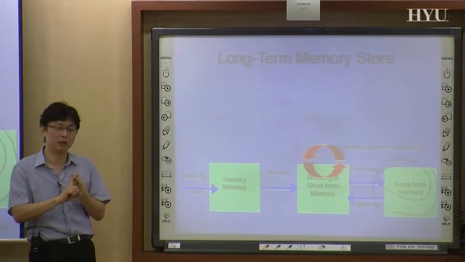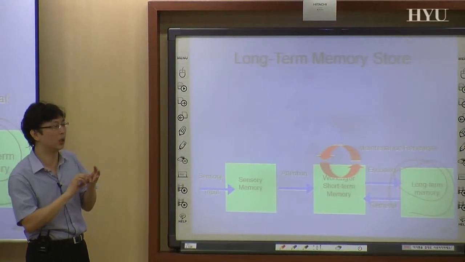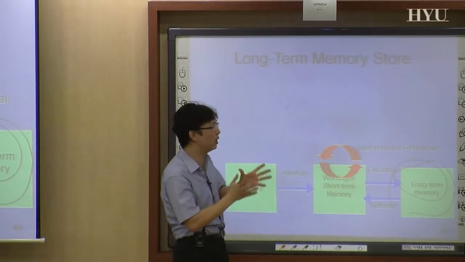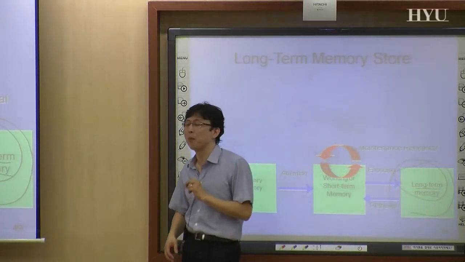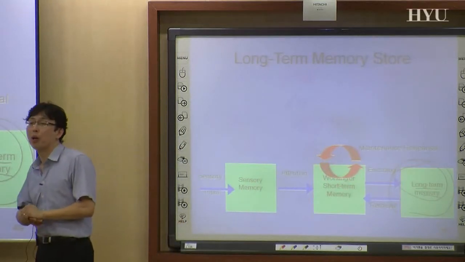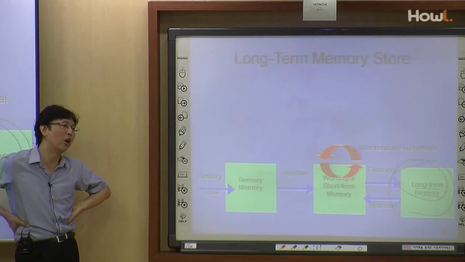Visual information, spatial information, auditory information, or declarative knowledge: how these things are represented in long-term memory is the major research topic. However, we don't have any clear evidence yet. Still working on it.